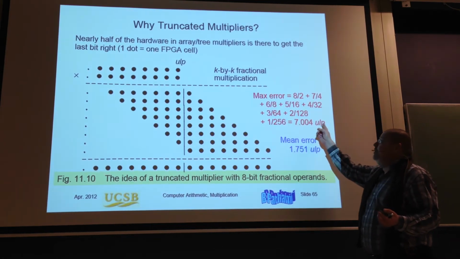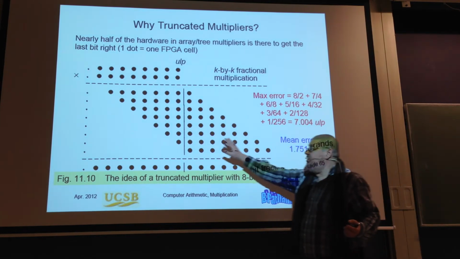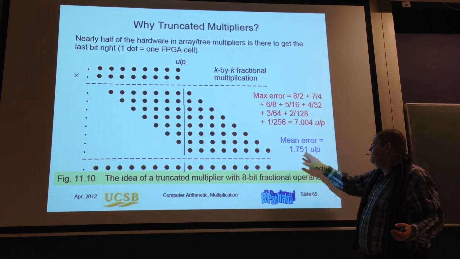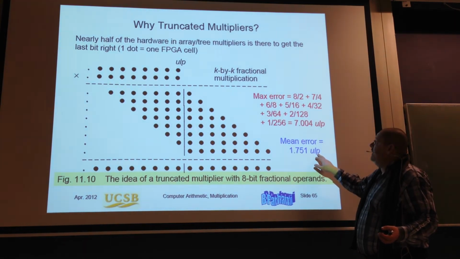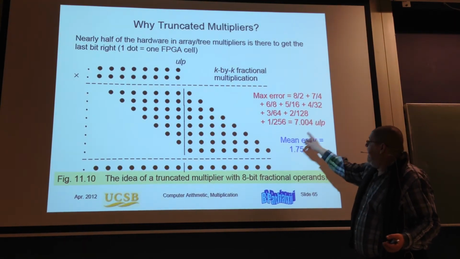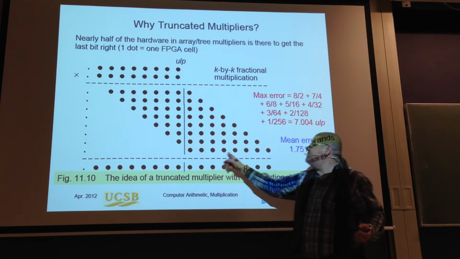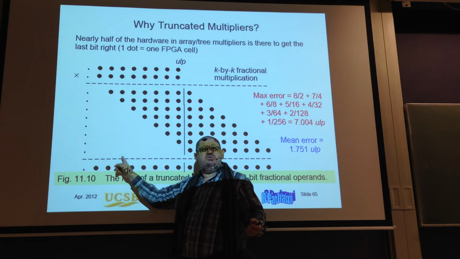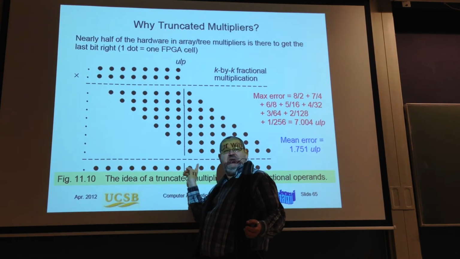You know, if I add all of them, assuming that I drop all of those, my maximum error will be 1.7 unit in last position. Okay? Because I will compute all of those. Remember, 2 to the power minus 1, minus 2, minus 3, all of them are going down.